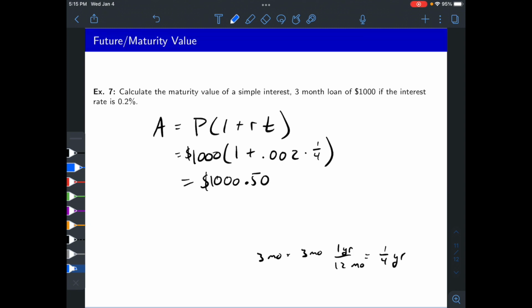Let's say 0.2% of 1,000 is 0.002 times 1,000, which is just equal to 2. So this is saying we're making $2 per year. And if this is a 3-month loan, that's 1/4 of a year. So what's 1/4 of $2? 1/4 of $2 is 50 cents. So it should make sense that our principal is only going up by 50 cents here.